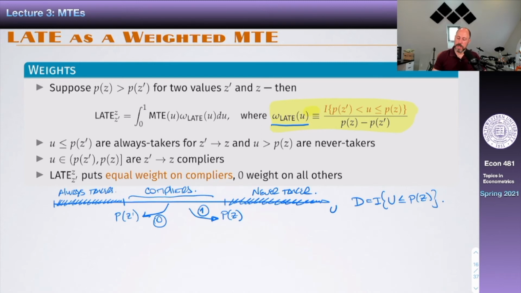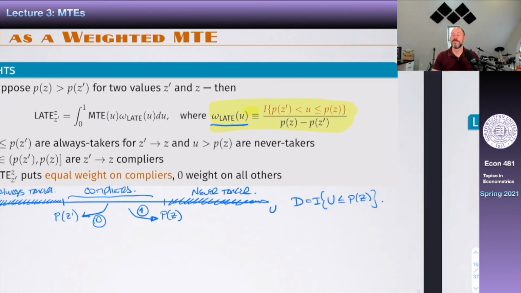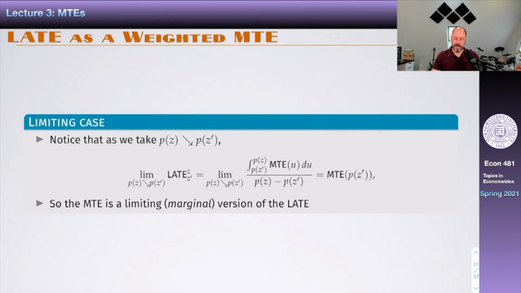You're just putting uniform weight on compliers, and no weight on anybody else. And that's exactly what the LATE is. So LATE as a weighted MTE.